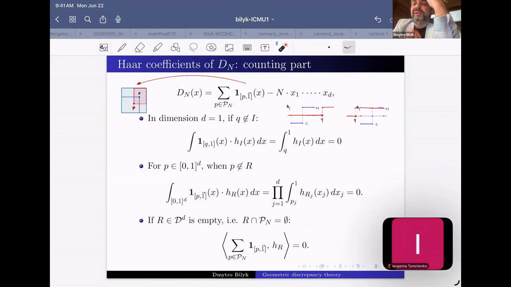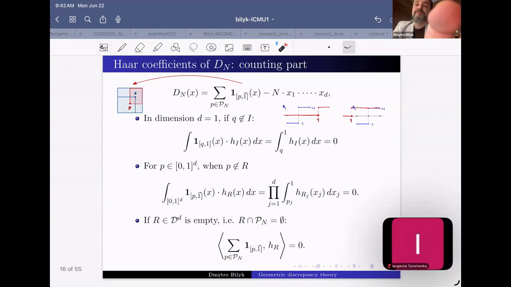In at least one coordinate, the point will not be in the interval. So this tells us that if we found a rectangle that is empty, then the inner product of the counting part of the discrepancy function with the Haar function of that rectangle is going to be 0. It's not going to contribute anything. This is one of the important parts of this computation. Please stop me if there are any questions.